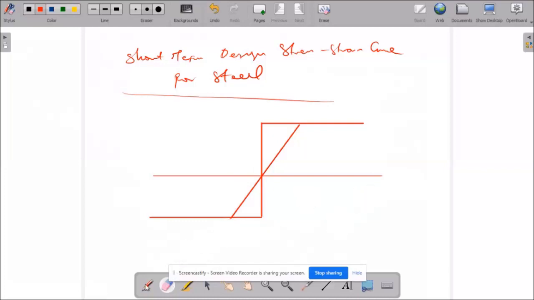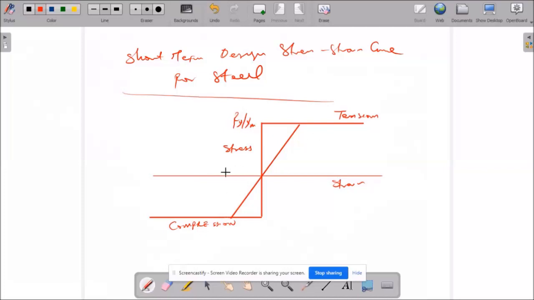So considering this, we say this side is in tension. Then this side is stress. Then this is Fy over material strength. Consider this as our strain. Then this is under the compression zone. So the features of this design curve are as follows.